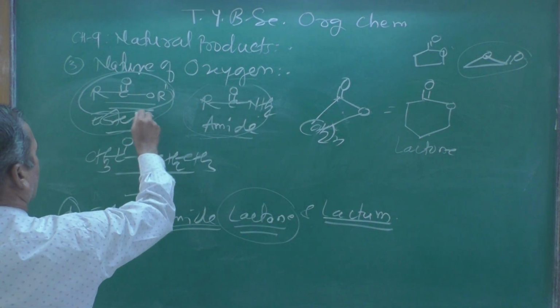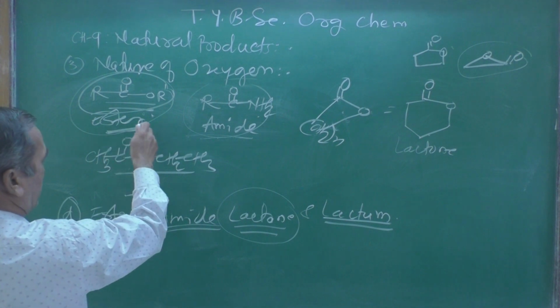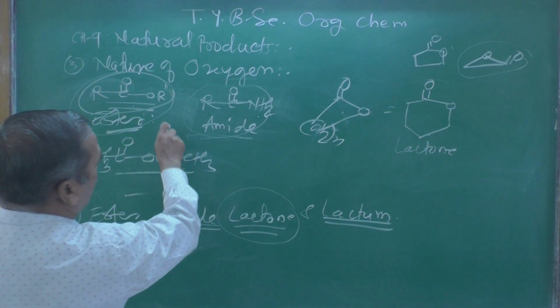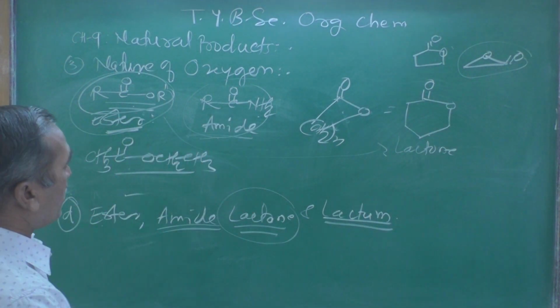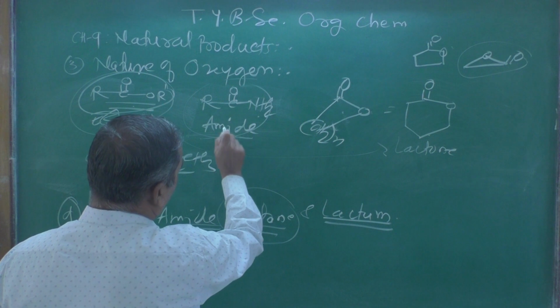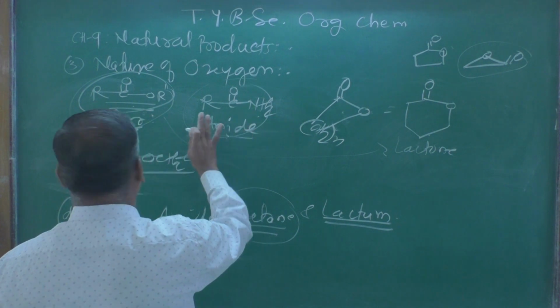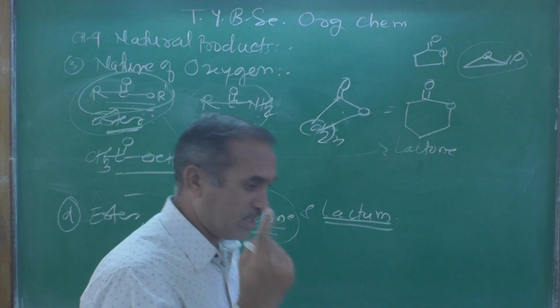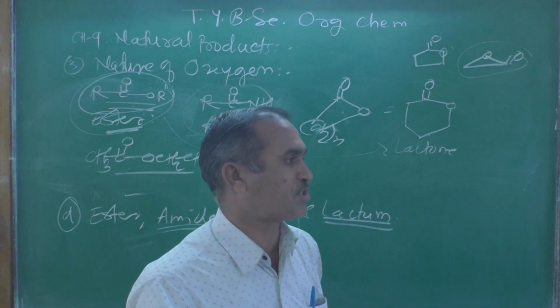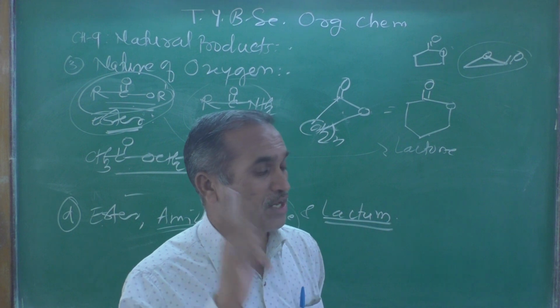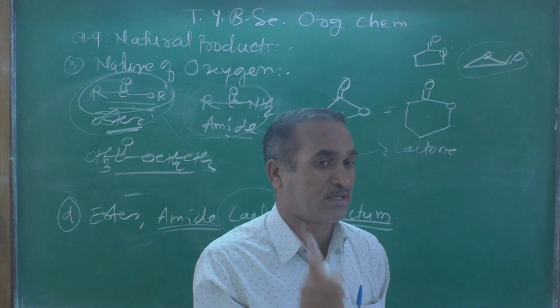This type of open chain structure is known as an ester in general, and when it is present in cyclic form, that is known as a lactone. Now for the amide, the open form is the amide, and when it acquires a ring structure, then that ring structure is called a lactam.